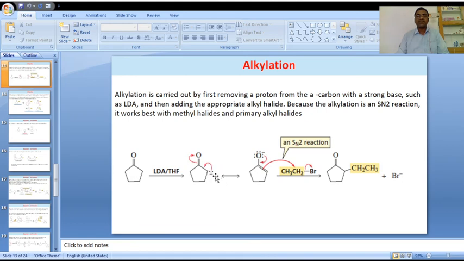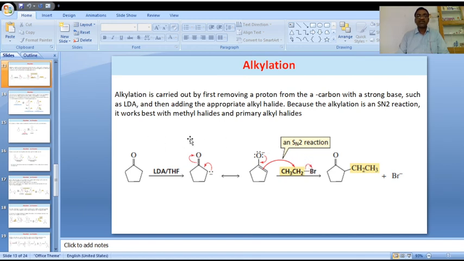Alpha alkylation is carried out by first removing a proton from the alpha carbon with a strong base such as LDA, and then adding an appropriate alkyl halide. Here, the appropriate alkyl halide is ethyl bromide, because alkylation is an SN2 reaction.